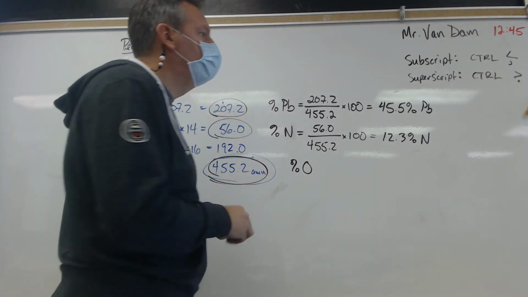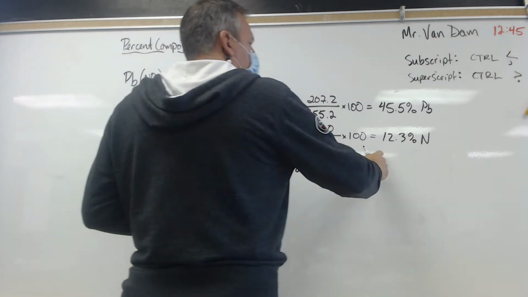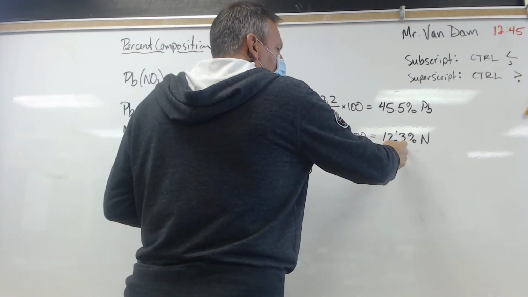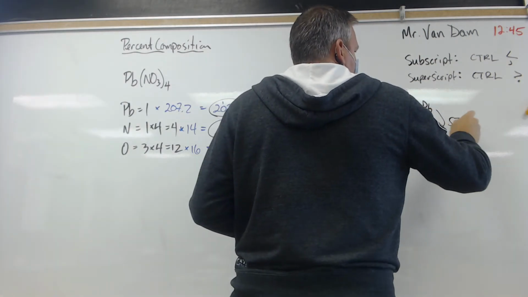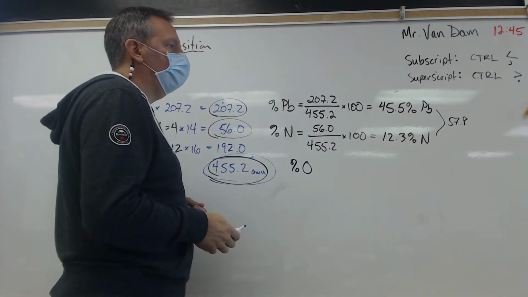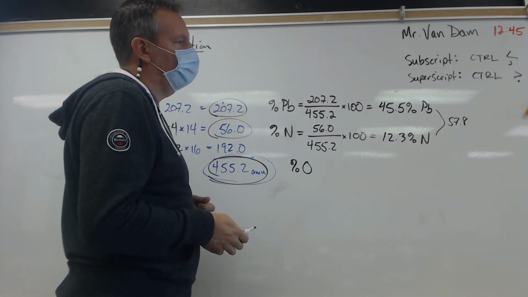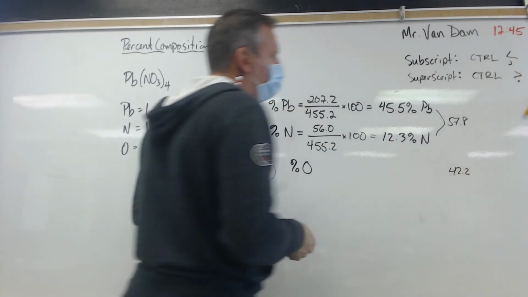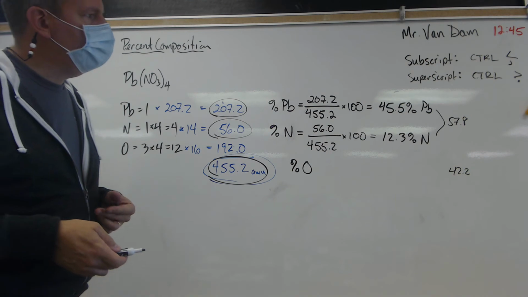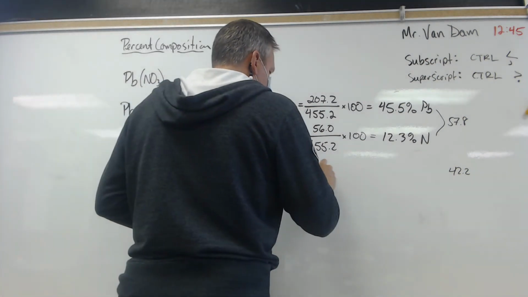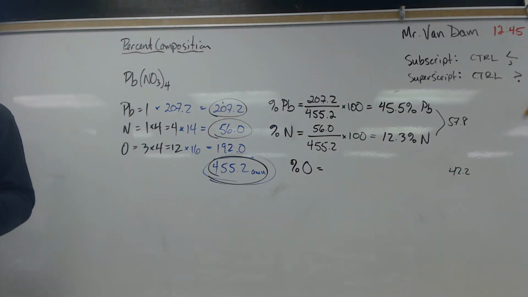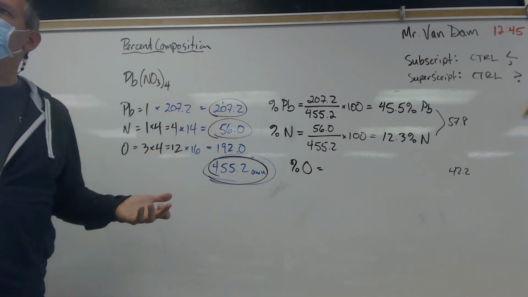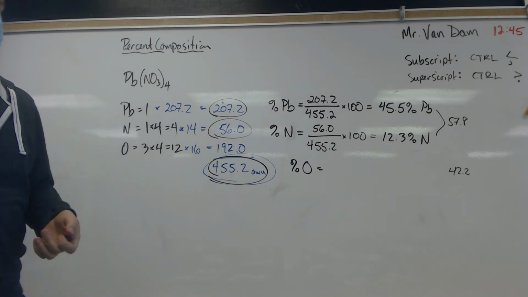Centennial, 100, right? So if I add these two together, I'll get 57.8. And if I subtract that from 100, that's 42.2. I think I did that mental math right. You can double check on that. But we're still going to do the math because I want to make sure. If you understand percentages, you know that all the parts have to add up to the whole. Otherwise, it doesn't make sense.